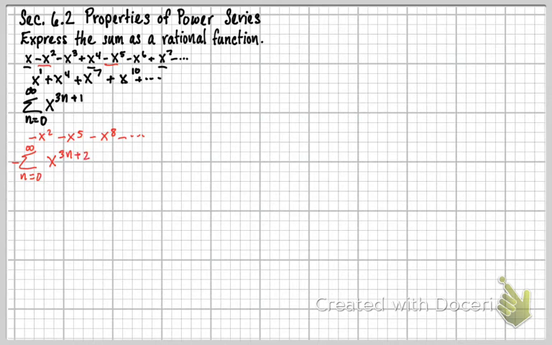Now I'm going to do the third one here. The third one is going to be these here. There's the third, and then the 6th, and then the next one, and so on. That's also going to be a negative: negative x cubed minus x to the 6th minus x to the 9th, and so on.